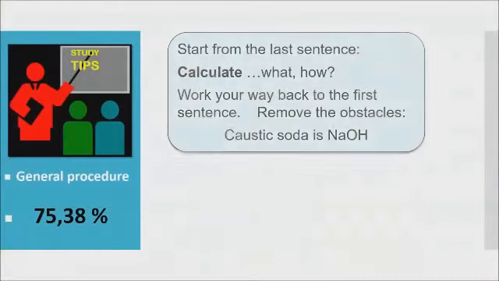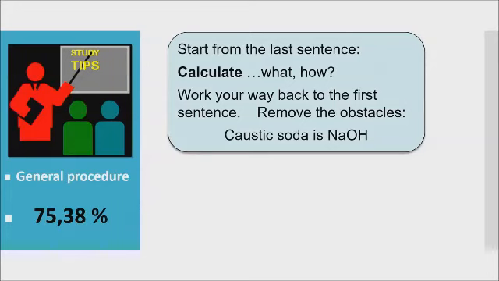Now, everybody, I am quite sure now that those 6 steps are not so difficult. You think you remember those 6 steps? Must I see whether you know those 6 steps? Must I test you? Okay, let's quickly just look at my screen and let me summarize this for you. What did I do? I said to myself, let me start from the last sentence to calculate the percentage purity. What does that mean? I don't have purity. How do I do it?